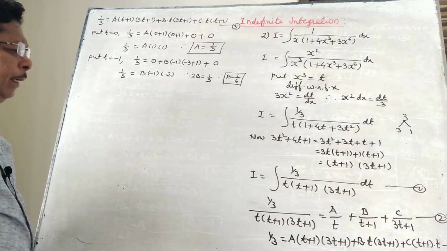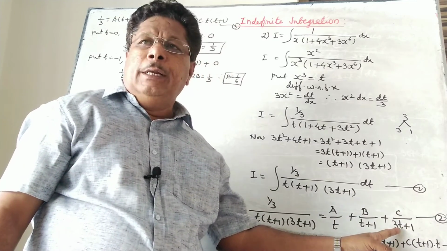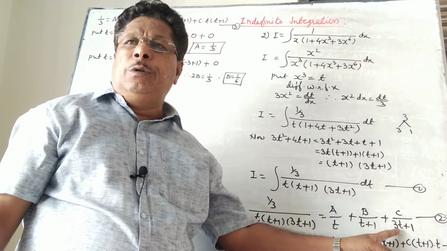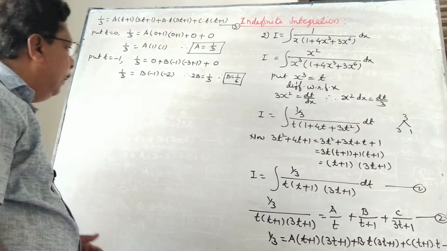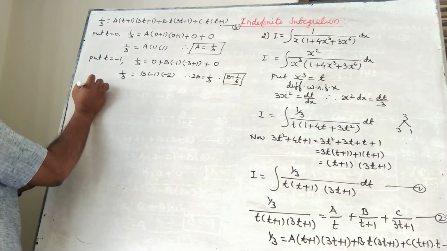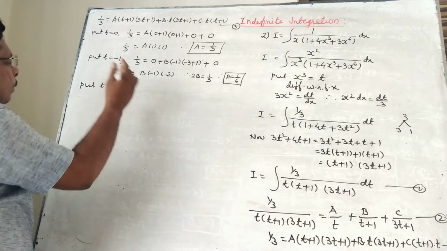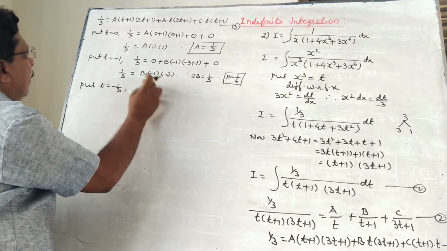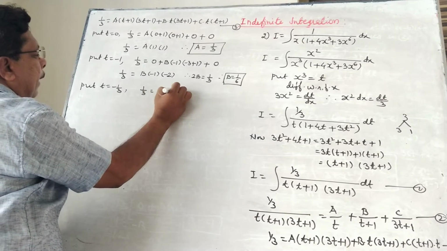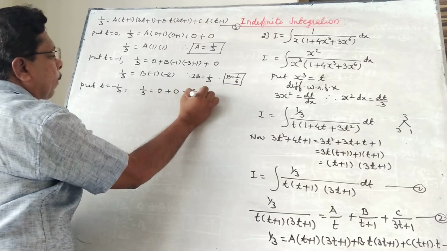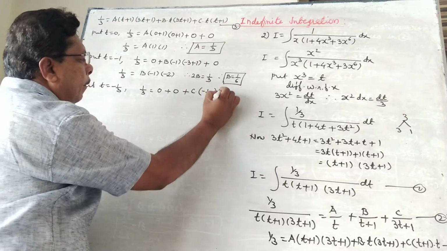Now find c. Now observe equation 2. Denominator of c is 3t plus 1. If we take 3t plus 1 equal to 0, 3t equal to minus 1, so t equal to minus 1 by 3. Put t equal to minus 1 by 3 in equation 3. So 1 by 3 is equal to, here 3t plus 1 is 0, so the first term is 0 and the second term is also 0, plus c into minus 1 by 3 into minus 1 by 3 plus 1.